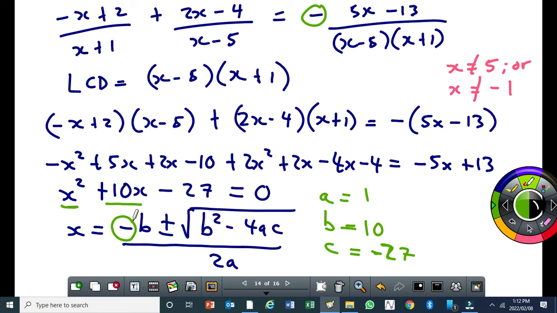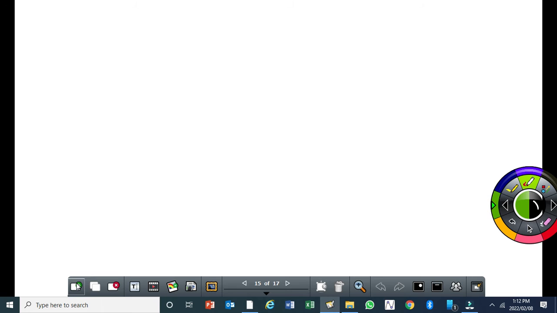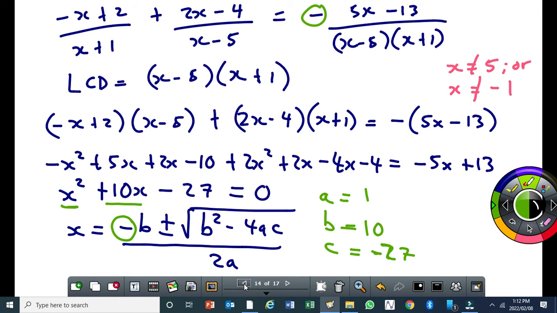Let's do the substitution. So we have x equal to, okay, I'm going to derive this formula in the next few days. When I derive it, you understand it better. All right, so we are going to substitute now.